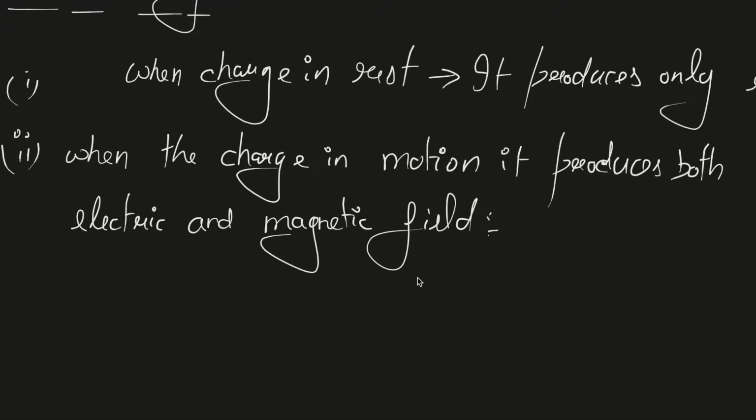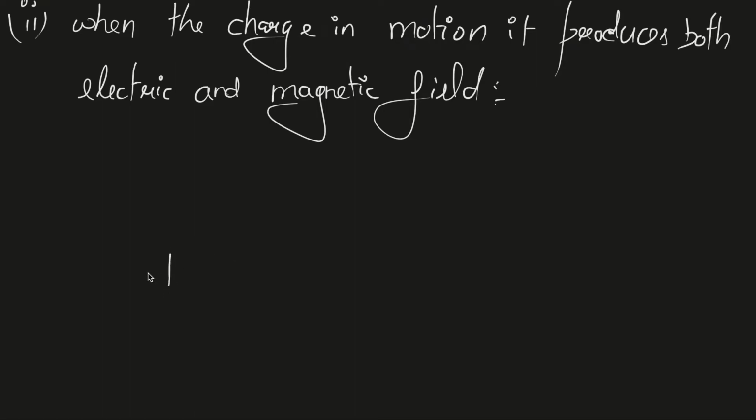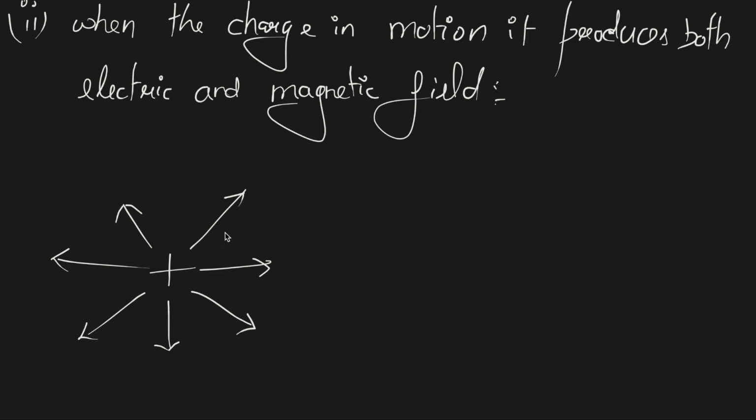We can demonstrate it simply. Let's suppose you have a positive charge, and we see the field around it with the help of field lines. We will discuss these electric field lines more in the next lectures. Basically, I'm just demonstrating some things, and these are nothing but the electric field lines.